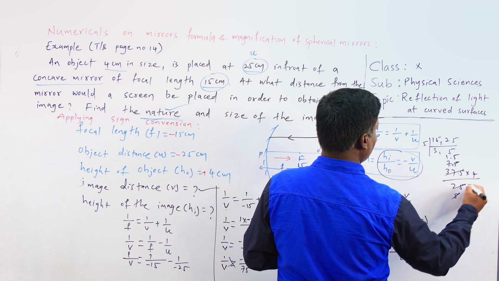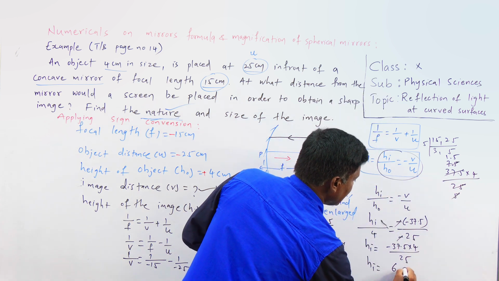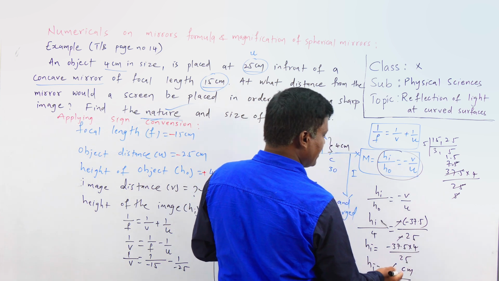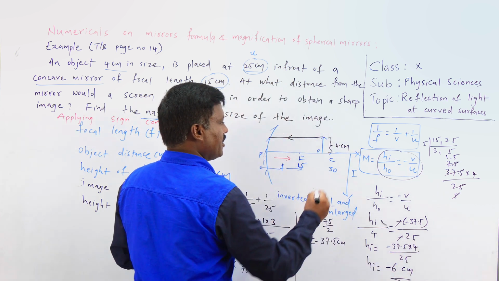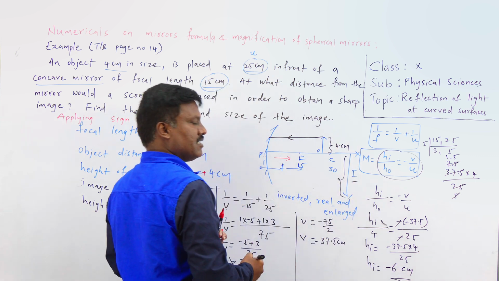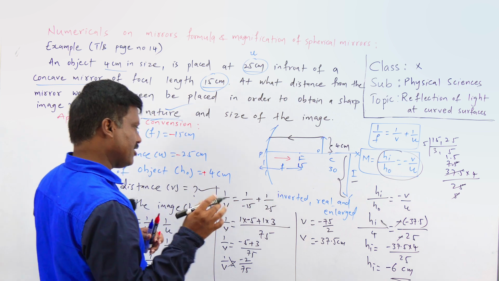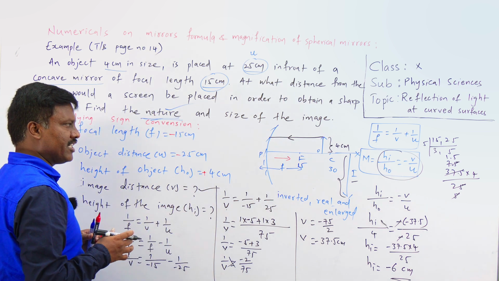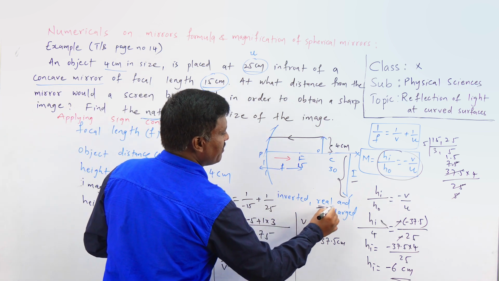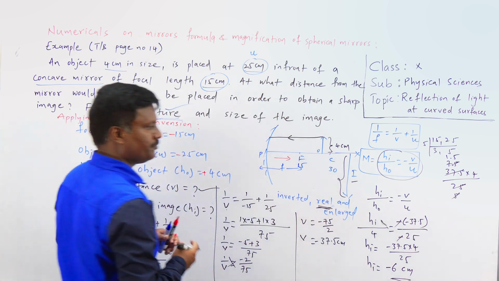So 1.5 into 4 is 6. So we are getting 6 centimeters, but plus or minus 6 centimeters. Why minus 6? Because the image is formed below the principal axis, that is why negative. And also we have discussed in the previous magnification values, this image is a real image. So the sign is to be taken negative.